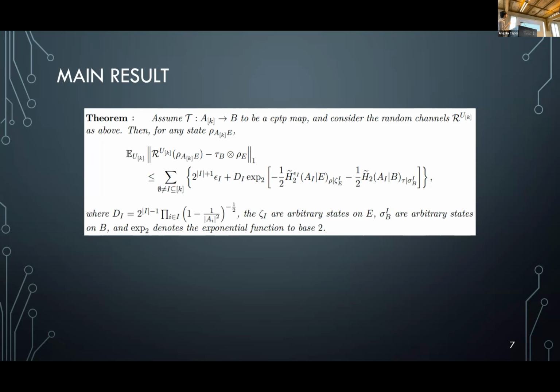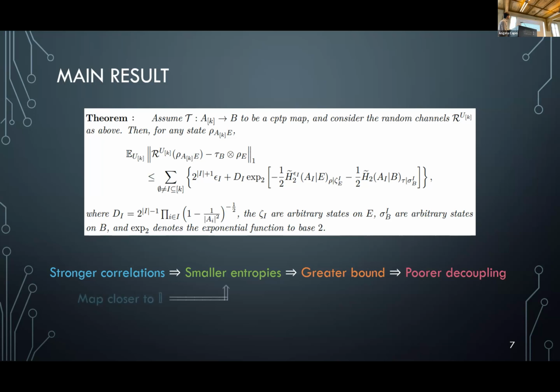So this is our main theorem, and now intuitively, if you're not used to this full notation, you can understand this by looking at these entropies, and notice that if we have stronger correlations on our input state, this entropy will be smaller. This is a negative exponent, so the bound will be in general greater, and this will result in a poorer decoupling because this is a greater bound, and it means more difference between our manipulation and the ideal decoupling.